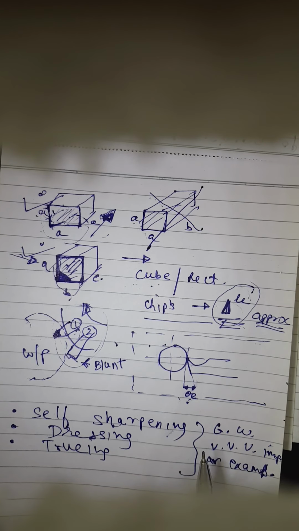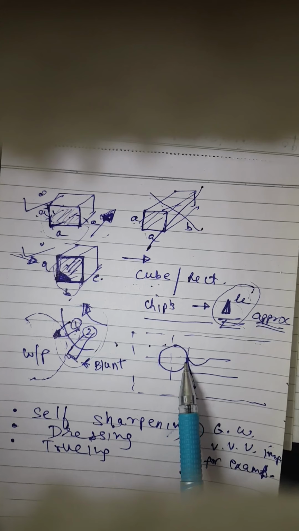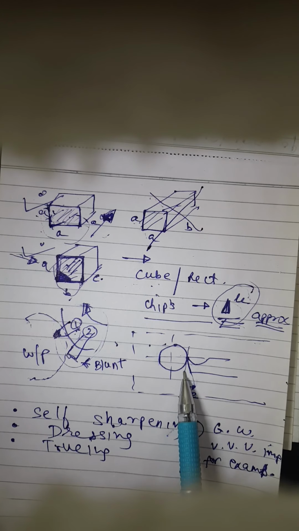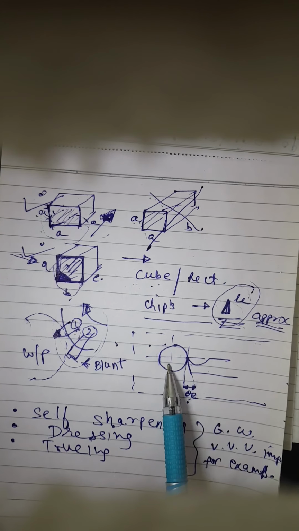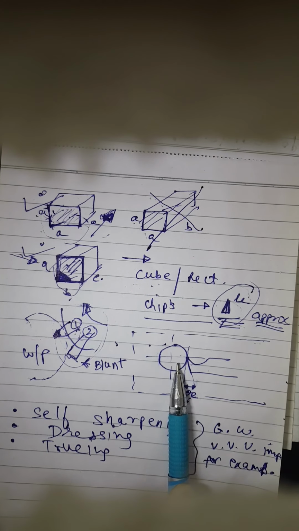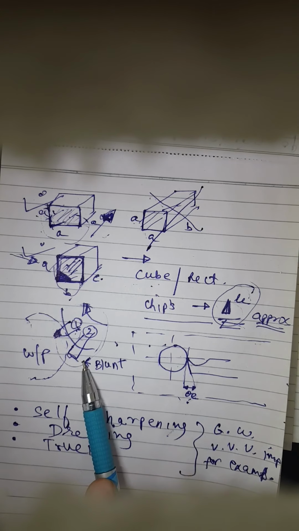Forget about the negative as of now, but it cannot be even 0. A 0 end relief angle means this edge would be like this, which means that there would be rubbing taking place between the tool and the workpiece. And when the rubbing action takes place, the forces increase. This rubbing action would not contribute to material removal, but it would just increase the forces. So the similar thing may happen here also.